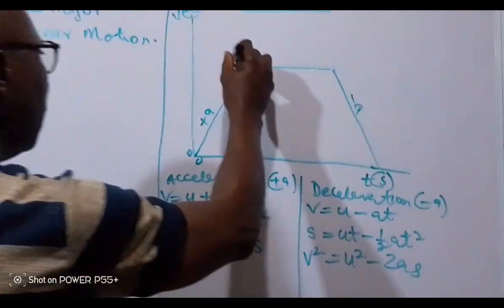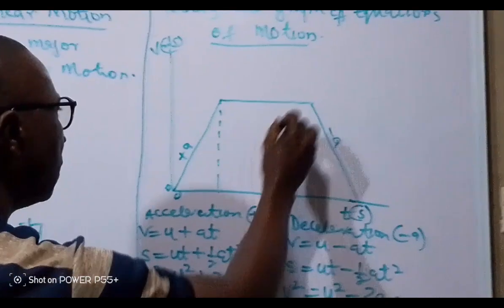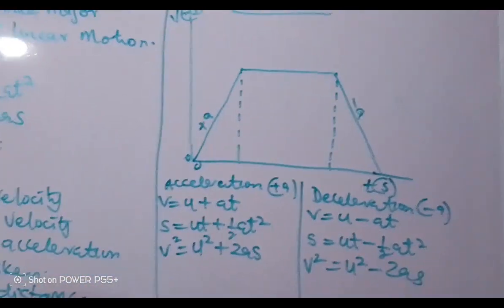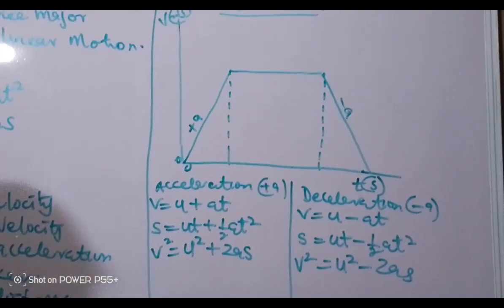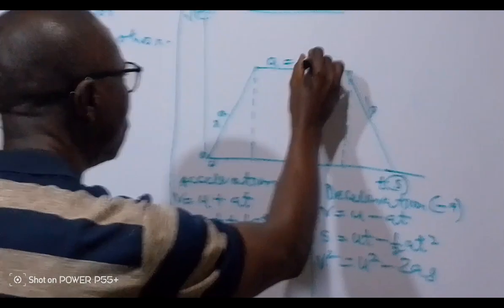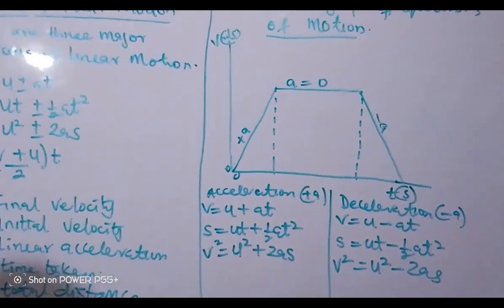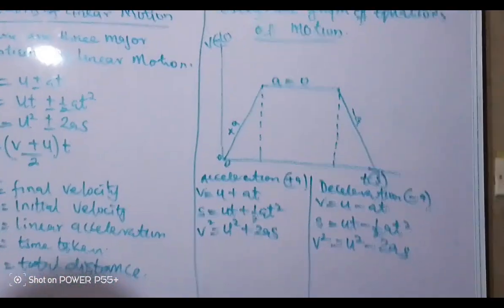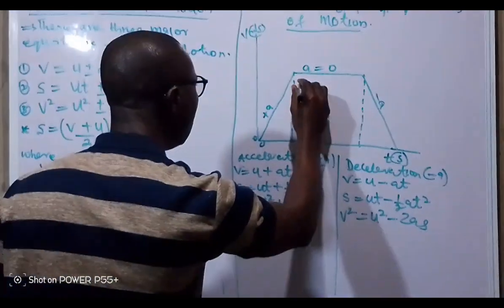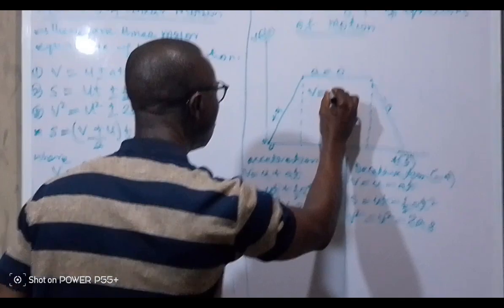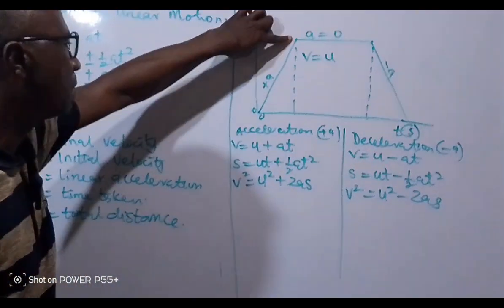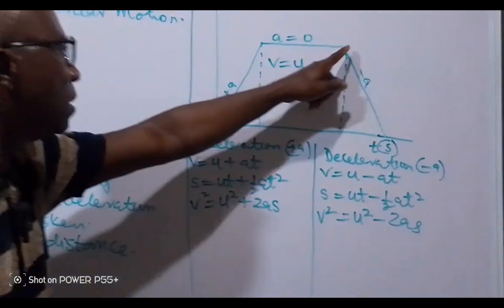But in the region of constant speed or constant velocity, don't forget we said at this particular region, A will be equal to 0. And if A is equal to 0, since A is the determinant, equation 1 for this region will be V equal to U. That is, the final velocity at this particular point will be equal to the initial velocity.